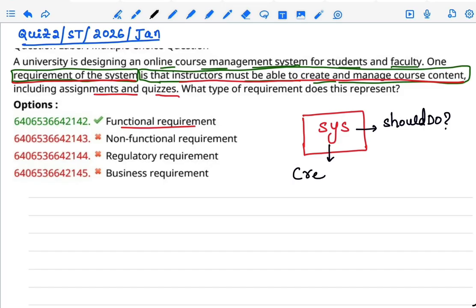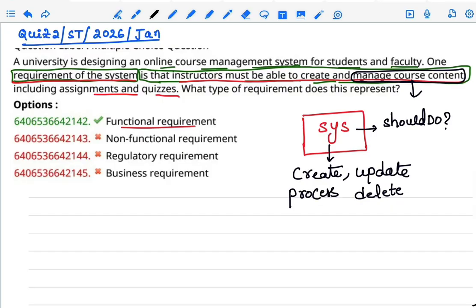So create, update. So managing the course content means it includes update, delete and process the data.